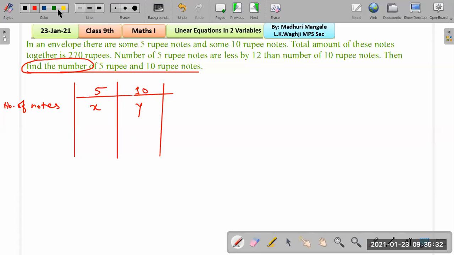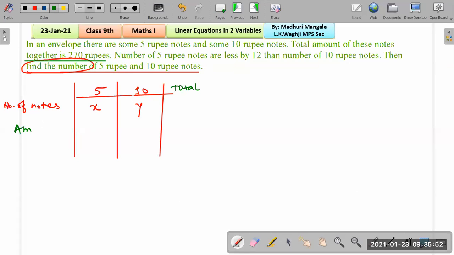And now let us look at the conditions. The first condition says there are some 5 rupee notes and 10 rupee notes. The total amount of these notes together is 270 rupees. Over here you can mention the total.